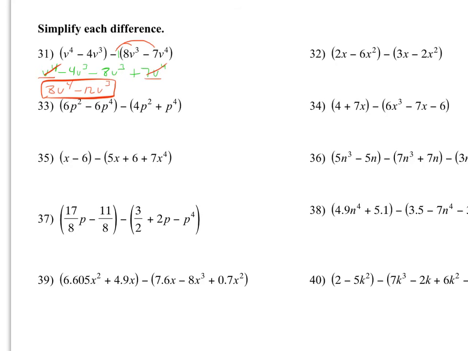So in closing, just remember that this will have to be distributed, which would give you a negative 3x and a plus 2x squared. This would have to be distributed to 3 terms in there. Again, the negative here, all 3 terms.